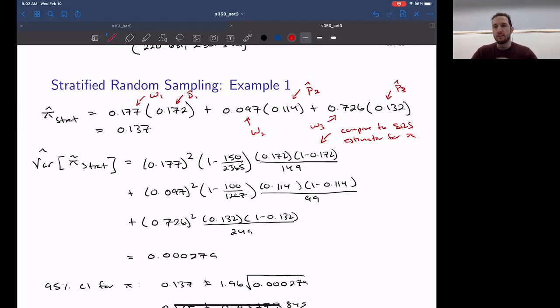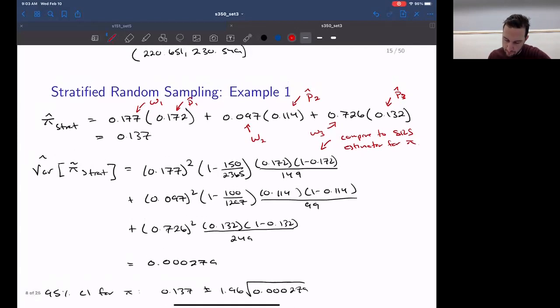And then the variance estimate works out to be pretty much exactly the same as the SRS estimate, except that we have to break it up by the groups again. So you can see that when we compute the variance of pi hat here, you have those same leading coefficients. So the W1, the W2, and the W3.